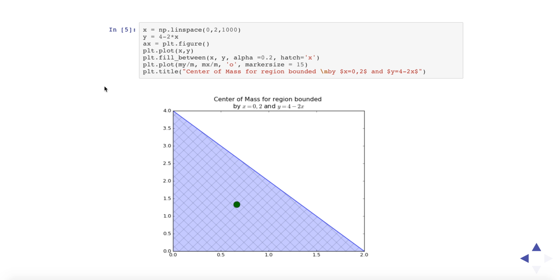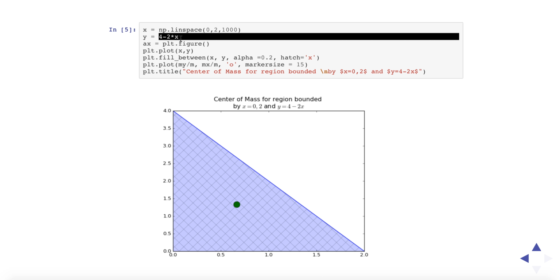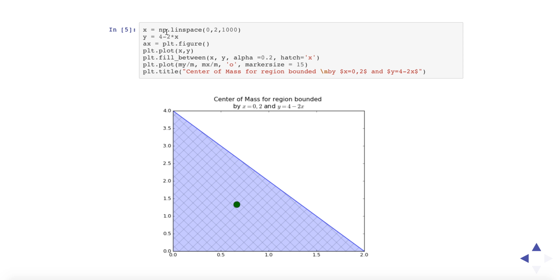Finally, I can plot those points. Again, now I need to change back to working with numbers. So I create my x's as 1,000 evenly spaced points between 0 and 2. And then I create y again as 4 minus 2 times all of those numbers. Create my figure.